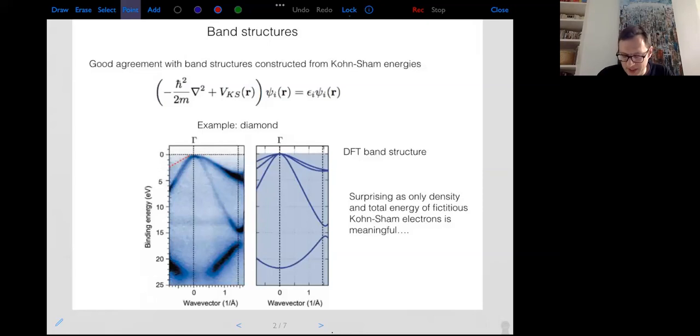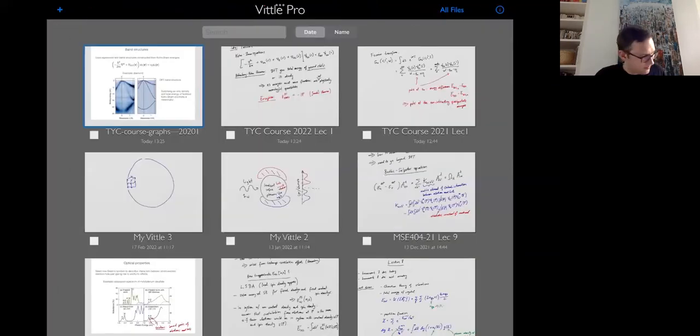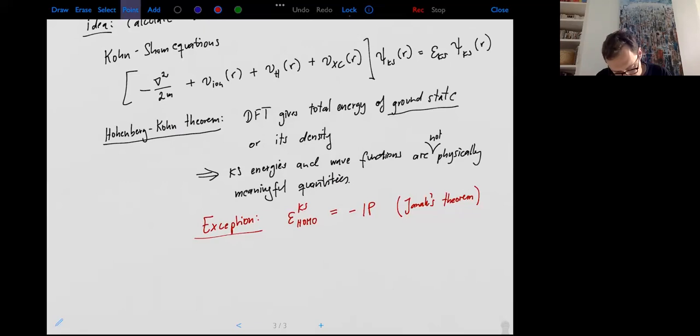So there is a little bit of cheating involved in this result. But you see, at least qualitatively, it often makes sense to compare these DFT band structures with experimentally measured quasi-particle energies. In practice, it tends to work out this way, but there's no guarantee that it always will.